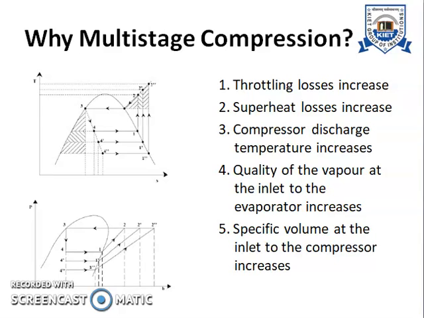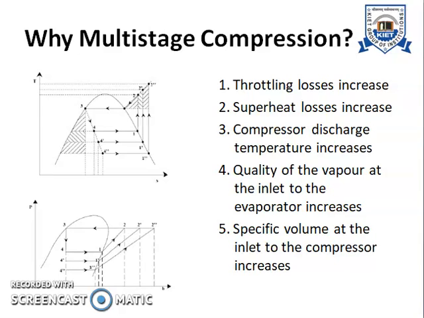In different industrial applications, as I discussed in the previous slide, we require temperatures of very low range. These temperature ranges are represented by 4' to 1' on both TS and PH diagrams, as well as 4'' to 1'', which represents a further decrease in evaporator temperature.